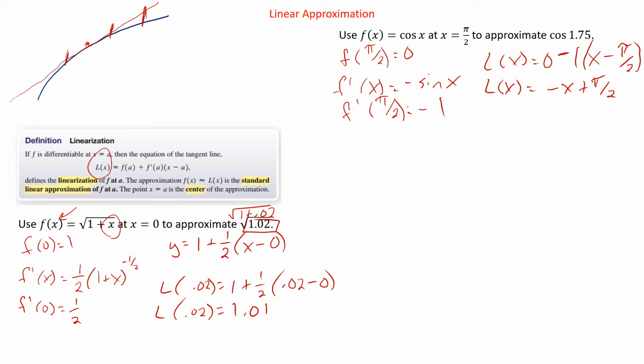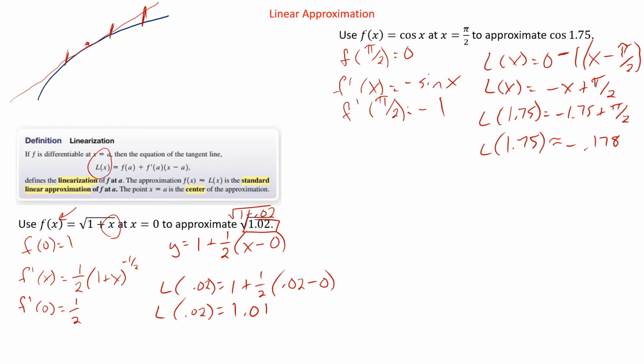So if we want to find the approximation, L of 1.75 will be negative 1.75 plus pi over 2, which is about negative 0.178.